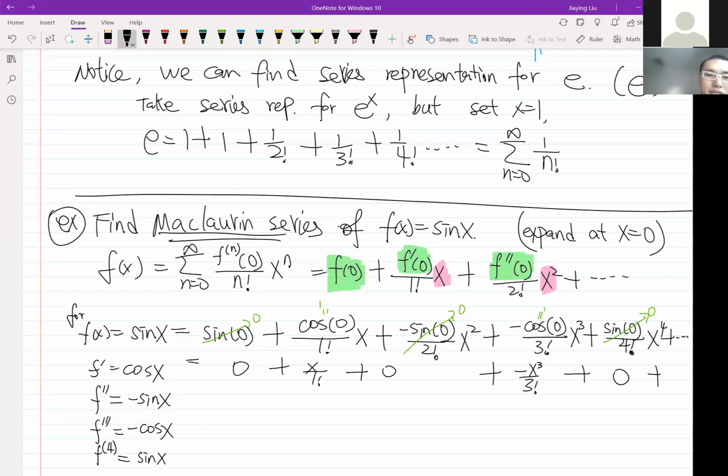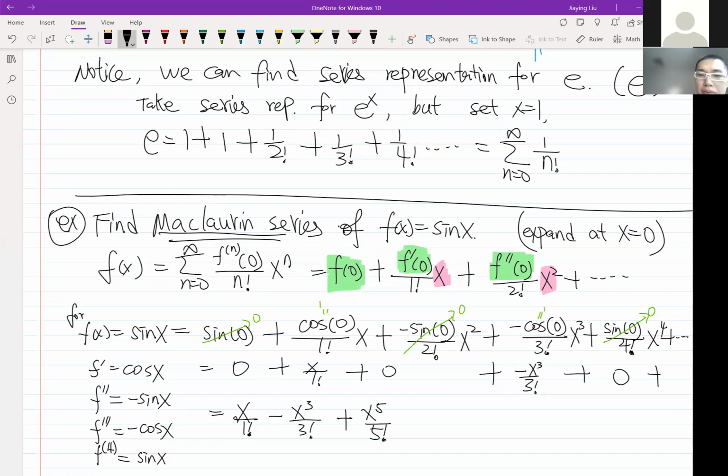So it turns out that sine x, when we find the Maclaurin series or the Taylor series expansion at x equals 0, either way to see it, becomes x over 1 factorial, just x. I'm going to write out 1 factorial just in case you want to know. And then the x squared becomes 0, but the x cubed is not. So minus x cubed over 3 factorial. And then the following term is actually plus x to the 5th power over 5 factorial.